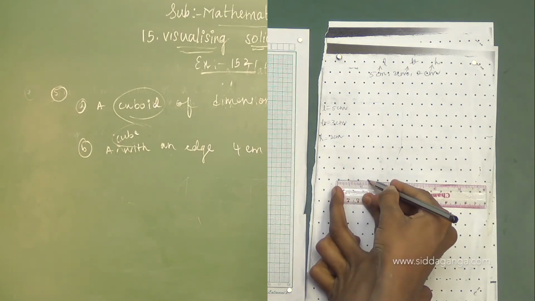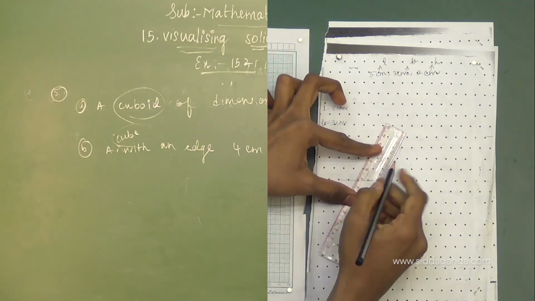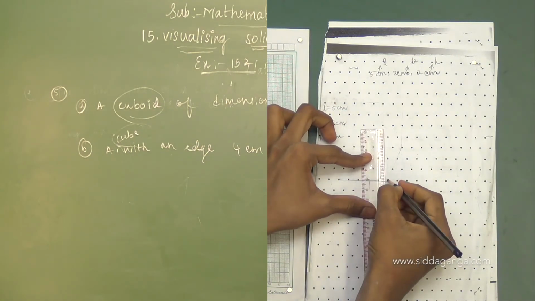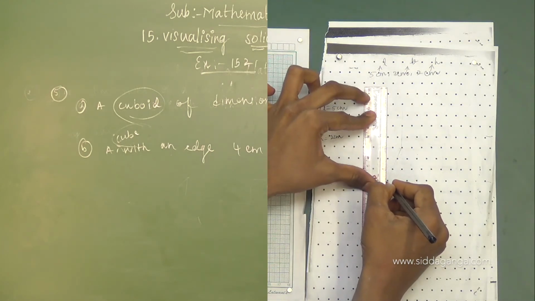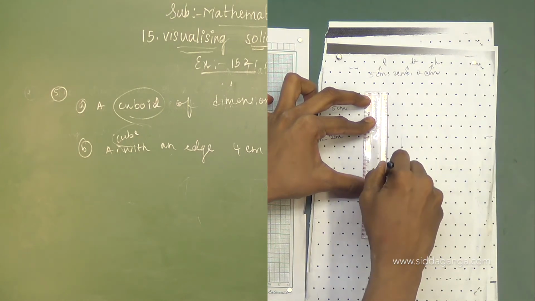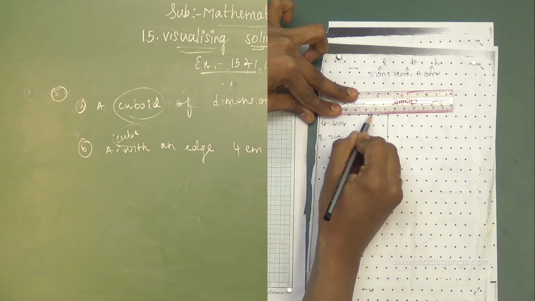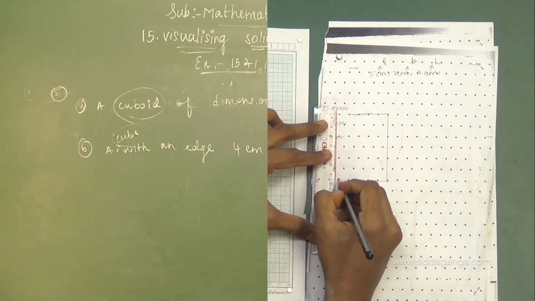1, 2, 3, 4, 5. And the height is, sorry, first breadth. Breadth is 3 centimeters. 1, 2, 3. Just form a rectangle first.